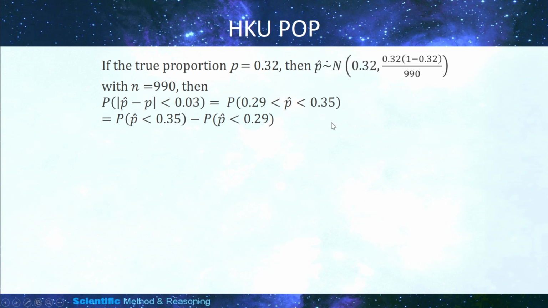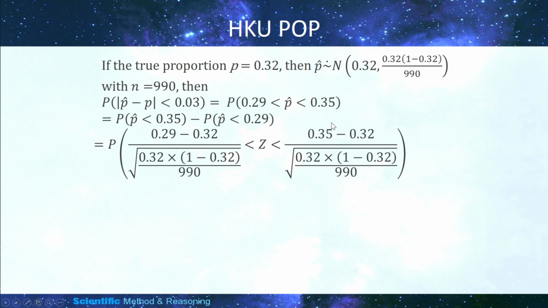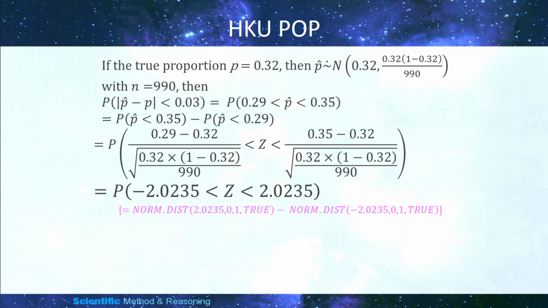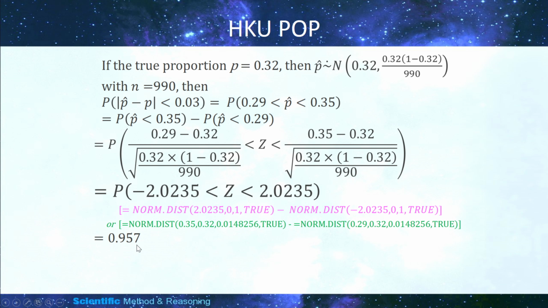By the z transformation, if you plug everything into the normal probability and make use of Excel to solve this probability using this formula, then you can find this probability to be 0.957.